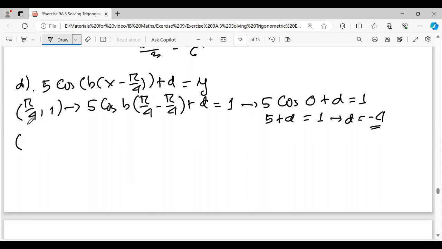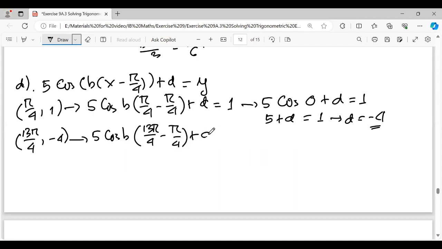If the coordinate point 13 pi over 4, comma negative 4, this equation becomes 5 cosine b 13 pi over 4 minus pi over 4 plus d equals 1. So 5 cosine b times 12 over 4, 3 pi.